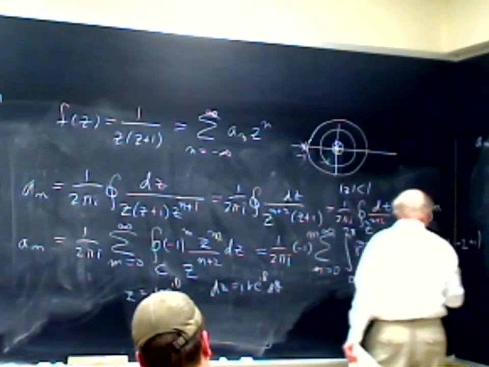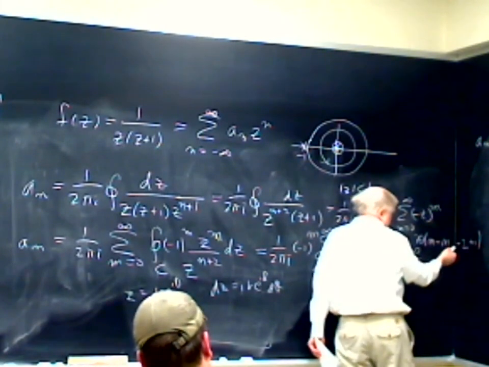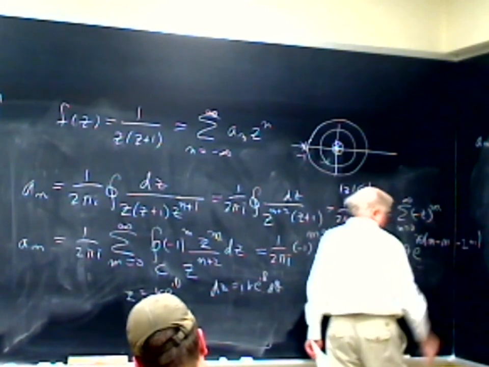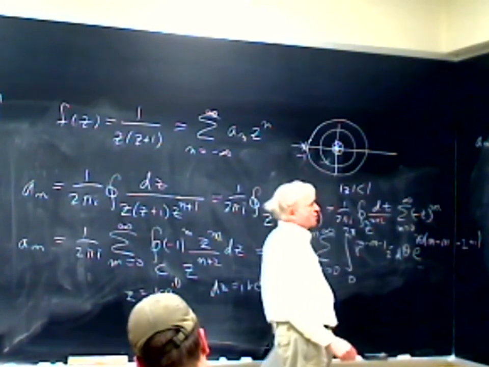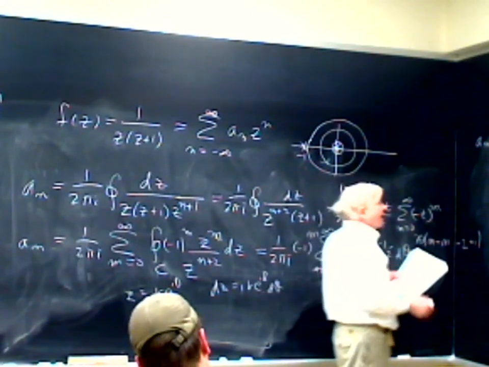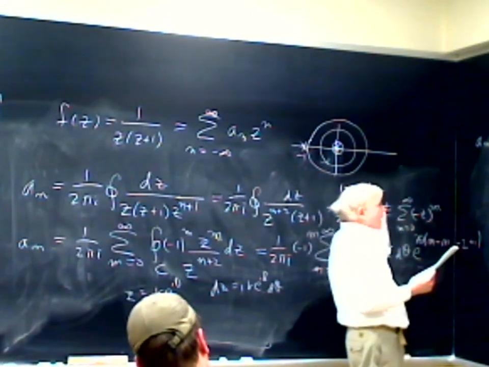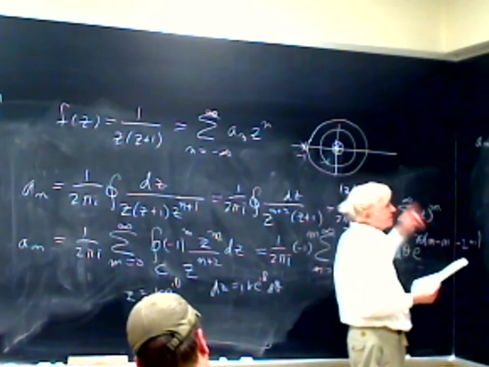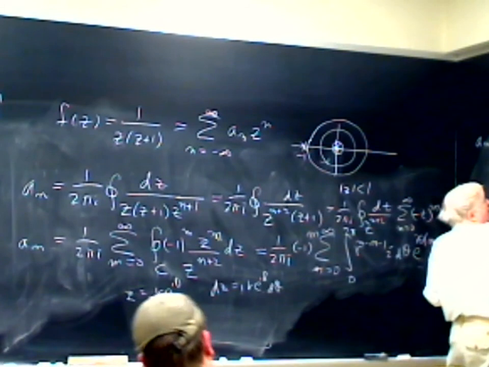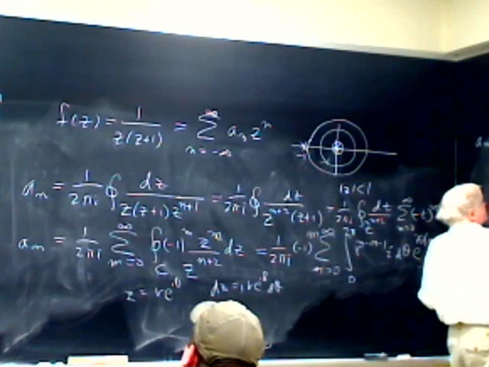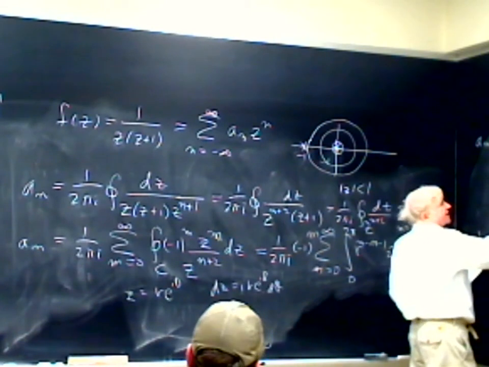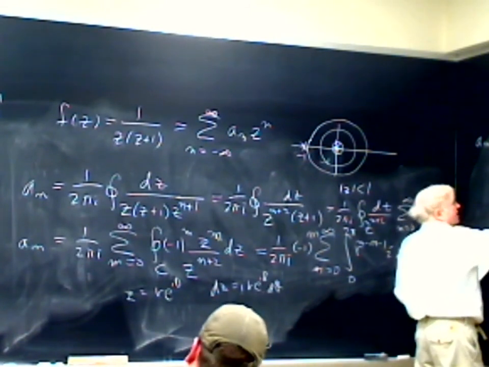This gives you m minus n minus 1, so m has to equal n plus 1. But when m equals n plus 1, this is just r to the 0, which is 1, and so this is equal to minus 1 to the n plus 1.